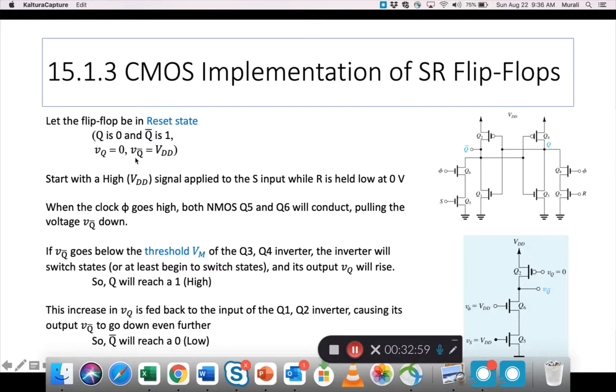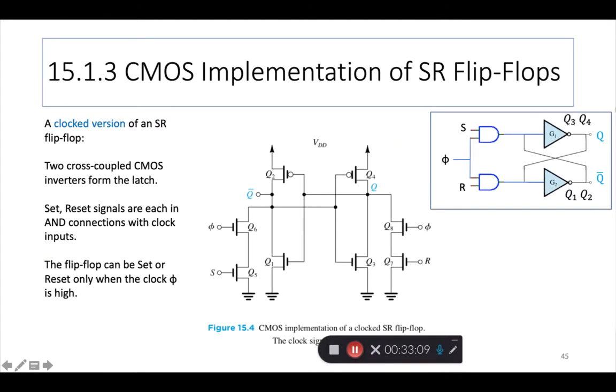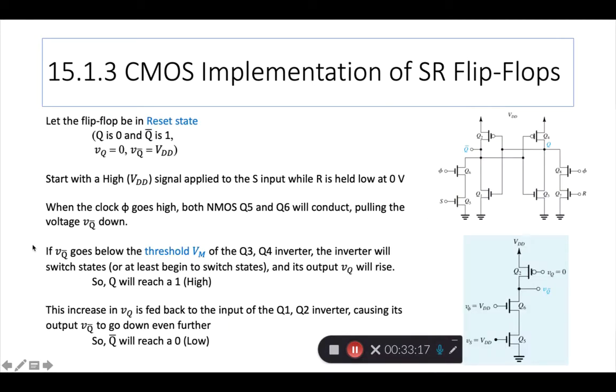So a little more on how this works. Let's say that the flip-flop is in its reset state. That means Q is 0 and Q bar is 1. If you look at the logic diagram, the reset state means Q is 0. Of course, Q bar then is 1, right? So let's begin by assuming that's where the flip-flop is at the moment.